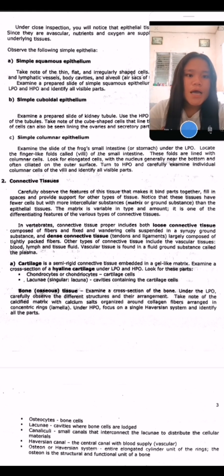That is the matrix. In connective tissues, it is one of the differentiating features of the various types of connective tissues.